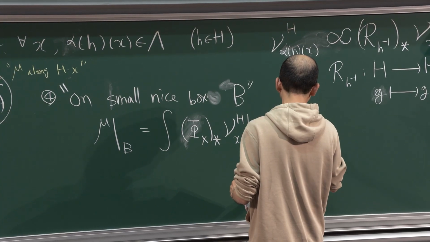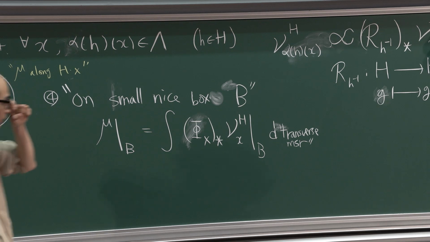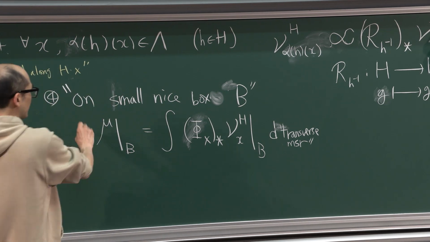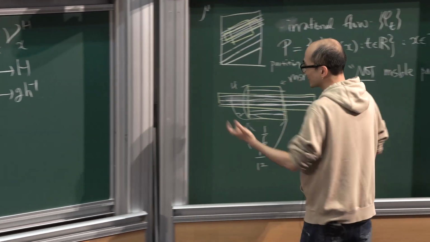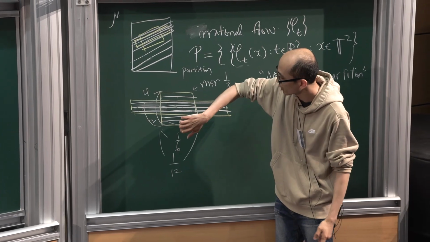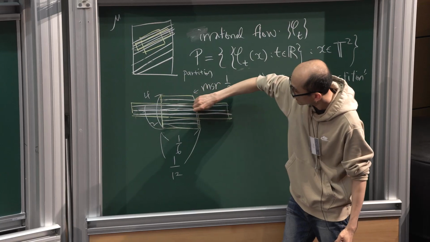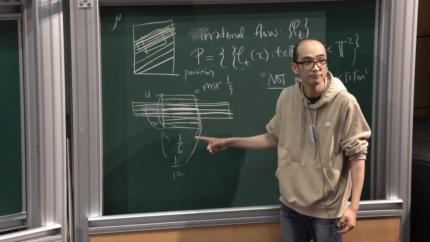I will not write down very carefully because I don't want to introduce the notion of the nice partition. But basically, whatever this equation really says, I want to say that if you restrict your measure to this small box, then your measure restricted to this small leaf should integrate to the entire measure on here.